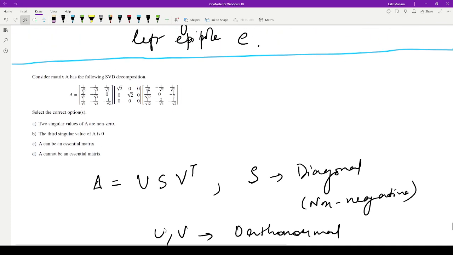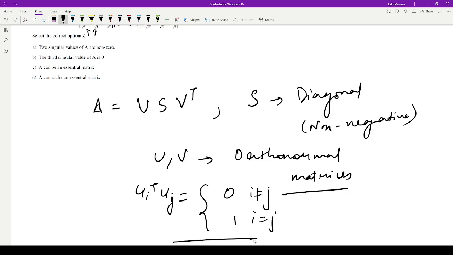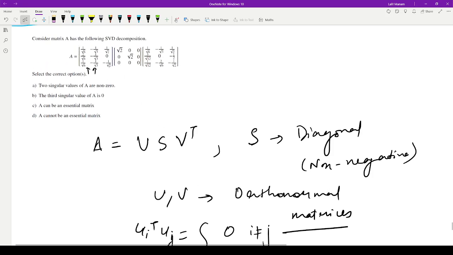If you take two columns and take a dot product, it will be 0. If you take the same column and take a dot product, it will be 1. That means ui transpose uj equals 0 if i not equals j, and 1 if i equals j. That's all. So you can check that it's a valid SVD decomposition.